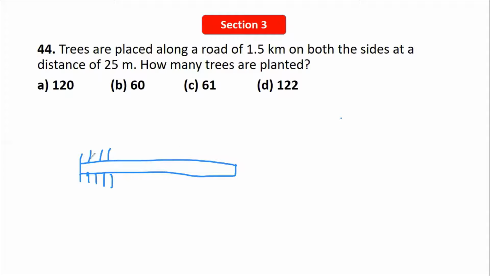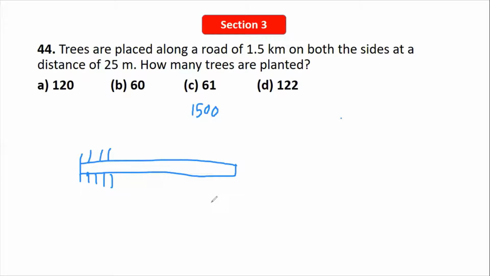So we will divide 1.5 kilometers by 25 meters. 1.5 kilometers is equal to 1,500 meters. Upon dividing by 25, you will have 60.